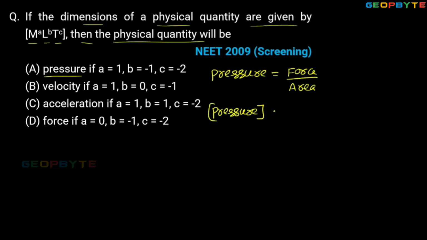Pressure dimensional formula: force dimensional formula M L T power minus 2, divided by area L power 2. Simplify it. It is equal to M L power minus 1 T power minus 2.